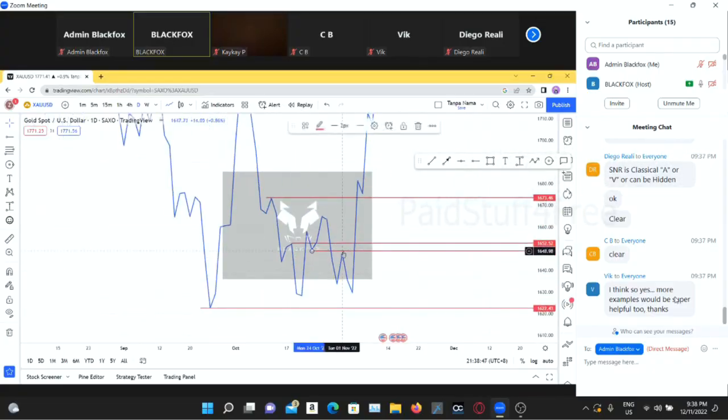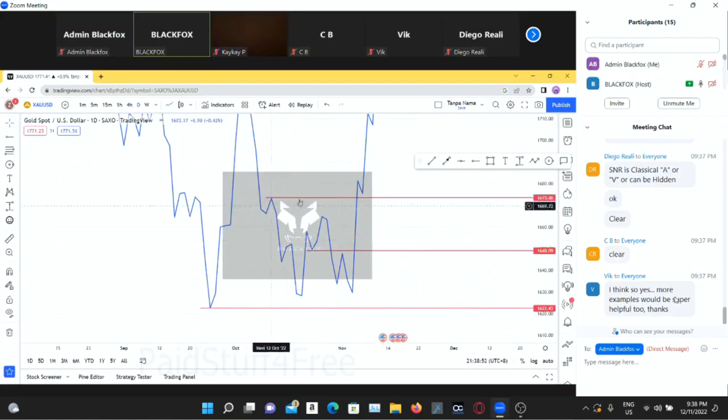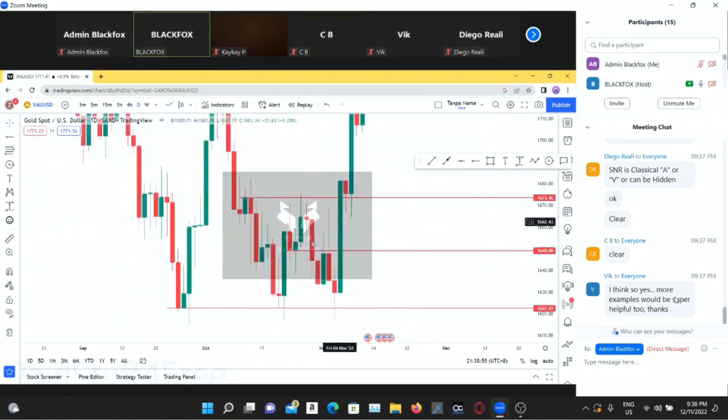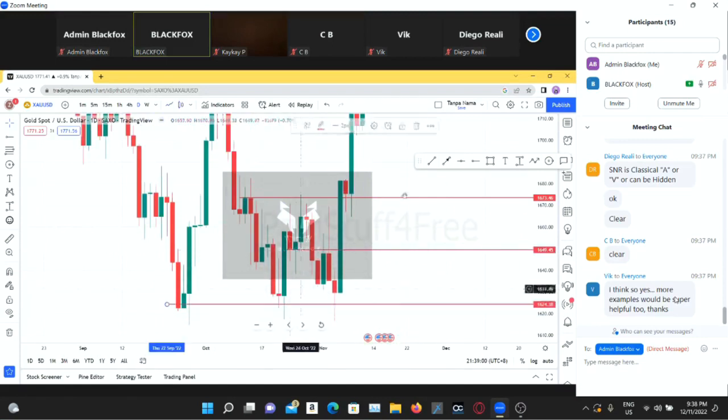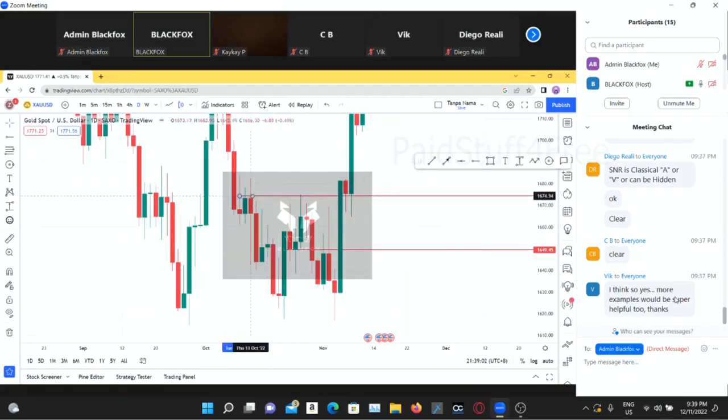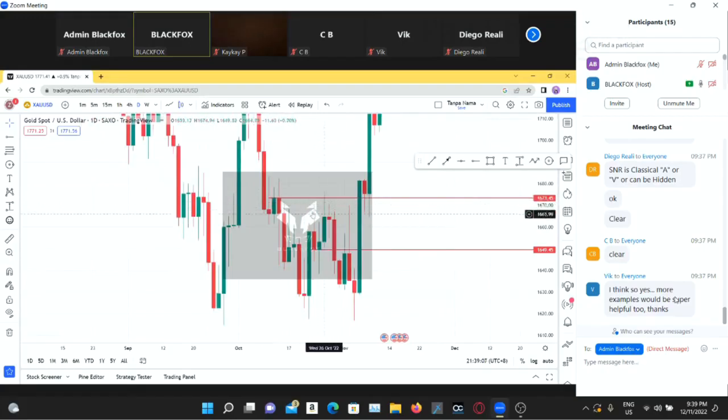Okay, so this one fails, and then we focus on new resistance. So new support right here, and this one here is new resistance. So how do we use this level for entry? If you mark daily storyline, daily resistance, you can control using H1, or if you want to be precise you can find an H4 level also.